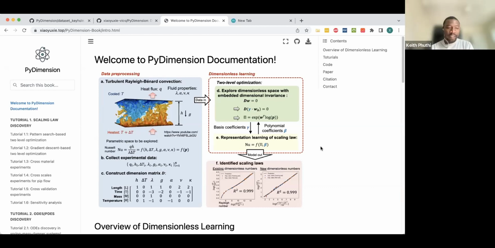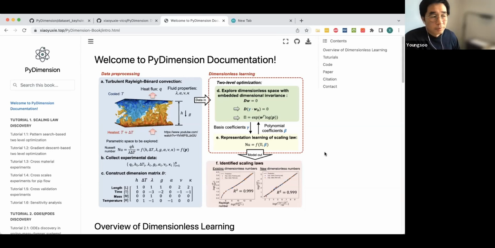Okay, then I guess if there are no more questions, I have a question for Dr. Choi, who I guess works a lot in dimensionality reduction. What do you think is the most exciting path forward as people try to find different ways to do dimensional reduction in general, and in the context of this work as well? Oh, well, these days, thanks to the advances in machine learning, traditionally in the dimensional reduction community, we have just looked at the linear, trying to find the compact linear subspace which covers the underlying data or dynamics.